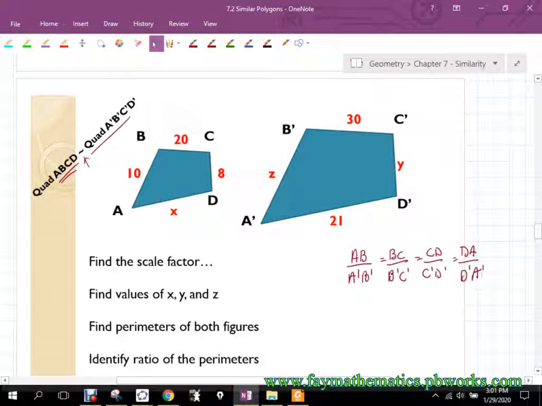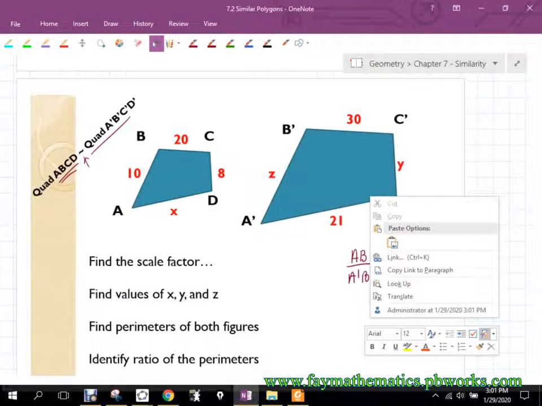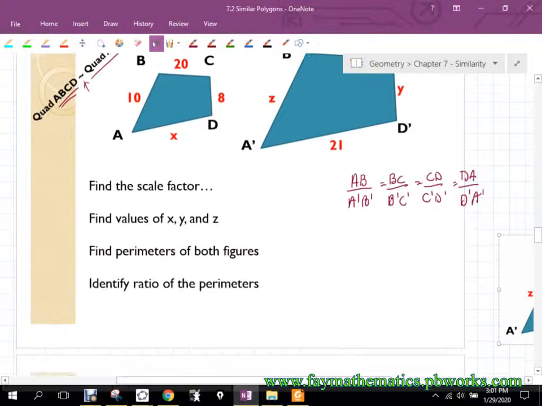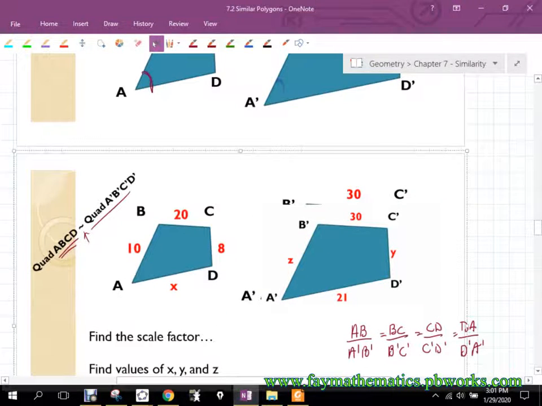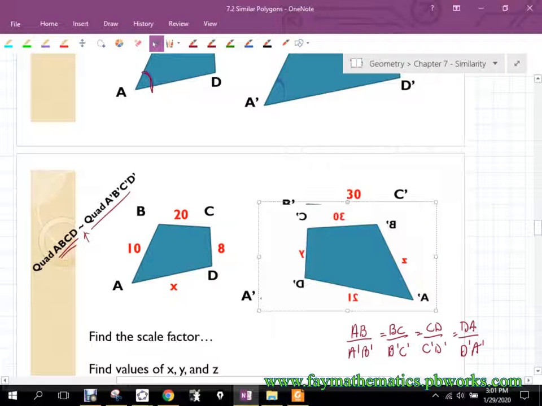Now I know how these sides are supposed to relate to one another, and this is very beneficial if these shapes were like this. Rotate.